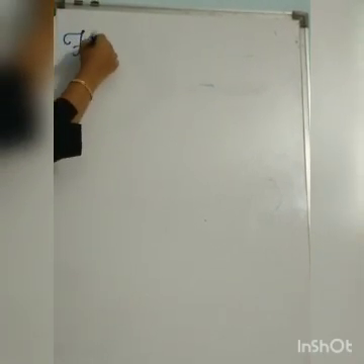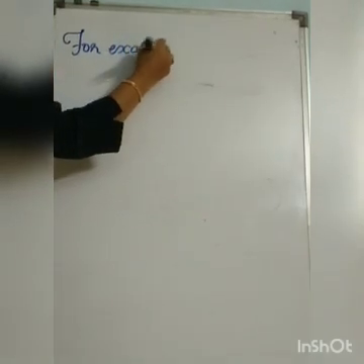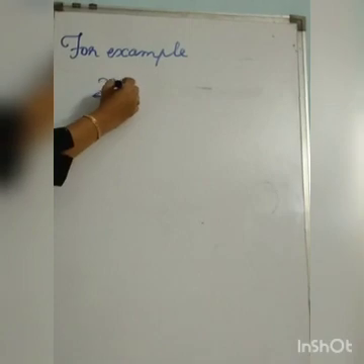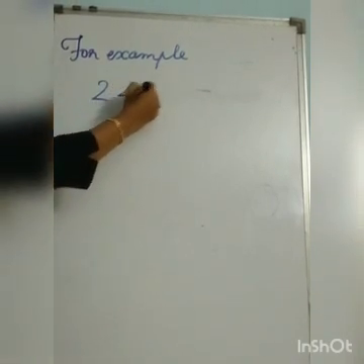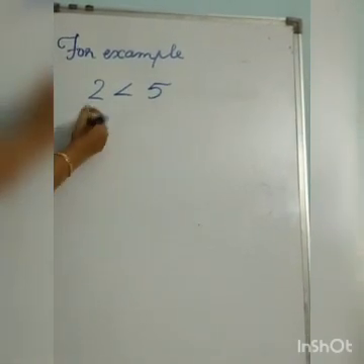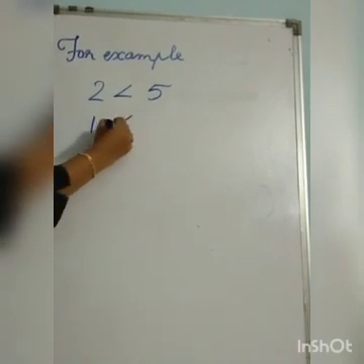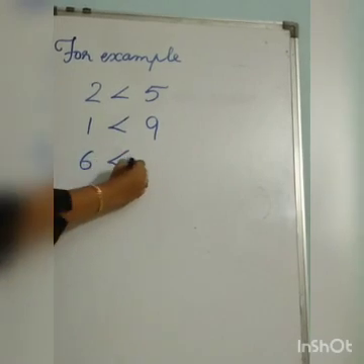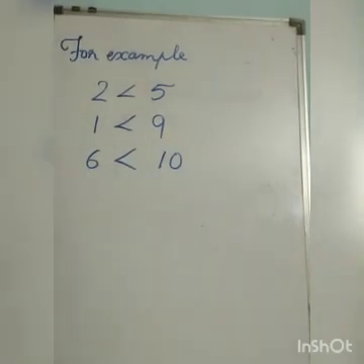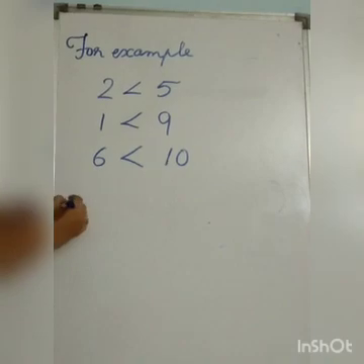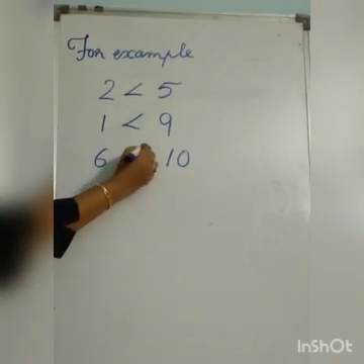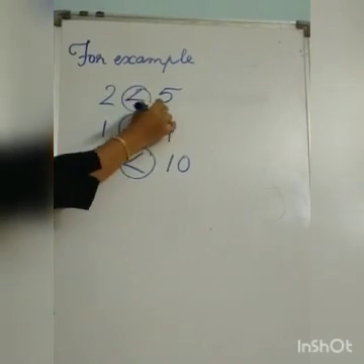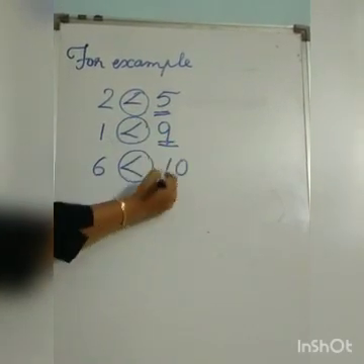For example, 2 is less than 5. 1 is less than 9. 6 is less than 10. That means the open mouth always shows the bigger number.